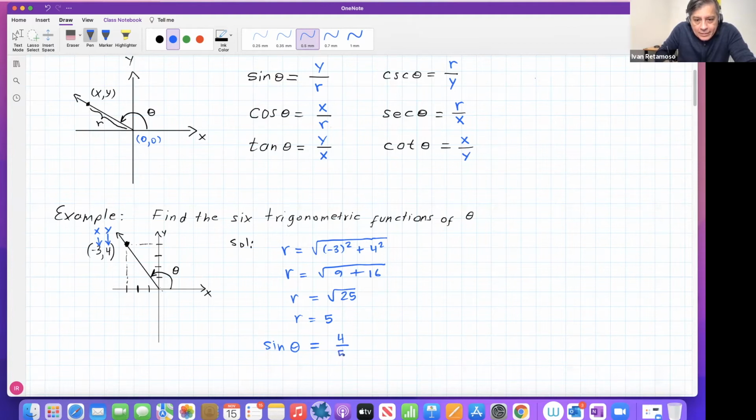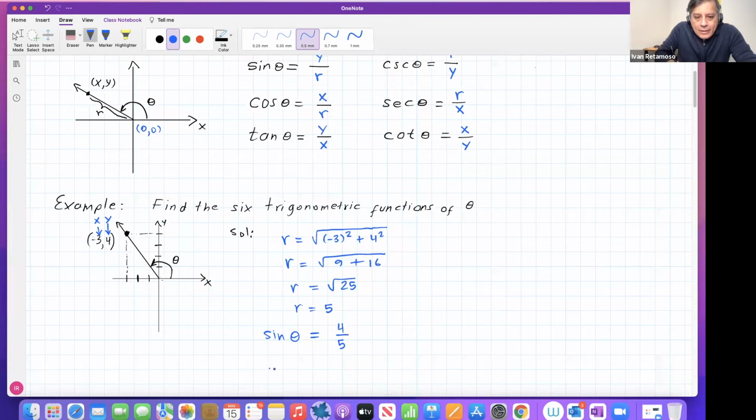So there we go, 4 over 5. Done with sine. What will be cosine? Cosine of theta is x over r. So x is -3, r is 5. So -3 over 5.